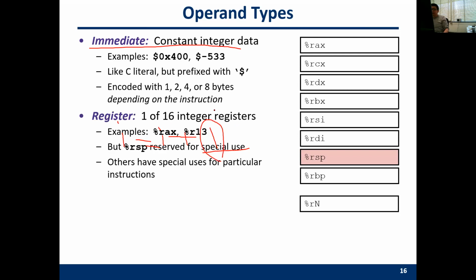And this number will be stored in its dedicated register. And we have so-called integer registers. And in the x86 machine, we actually have 16 such registers. These are two examples. And this one is reserved for some other use.